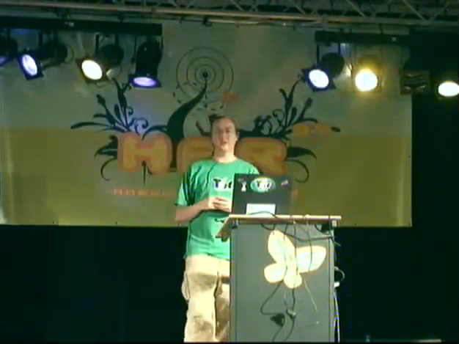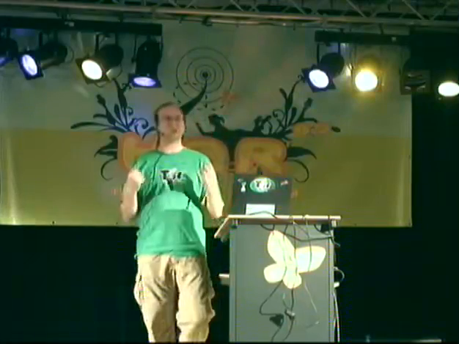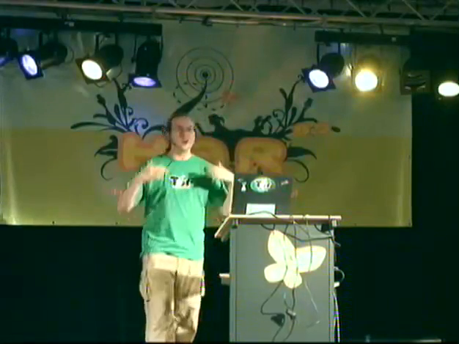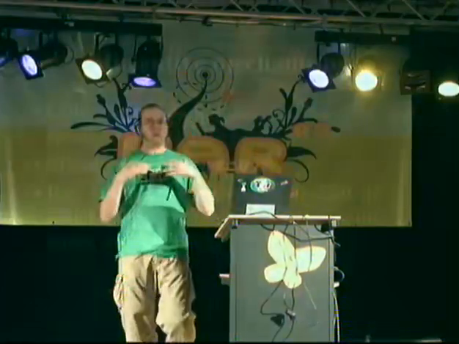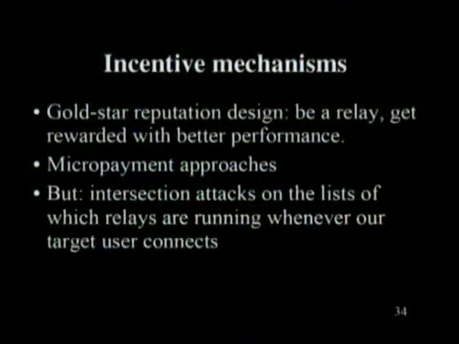And another thing to think about for capacity, incentive mechanisms. Wouldn't it be great if we could design something into Tor where the more relaying you provide, the faster Tor is for you. So if you set up a relay, then suddenly you can get your web pages or your MP3s or whatever faster than you could before. And there are a couple of problems with this. The first idea we had was a simple gold star design.